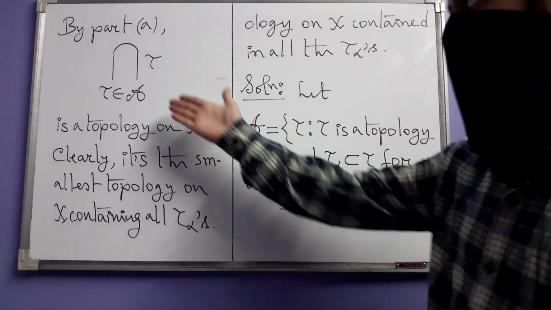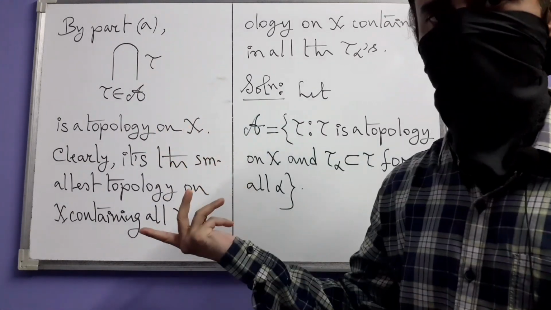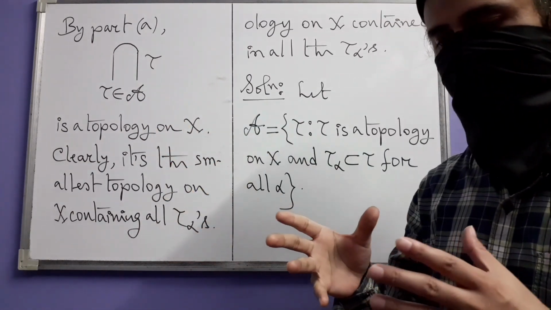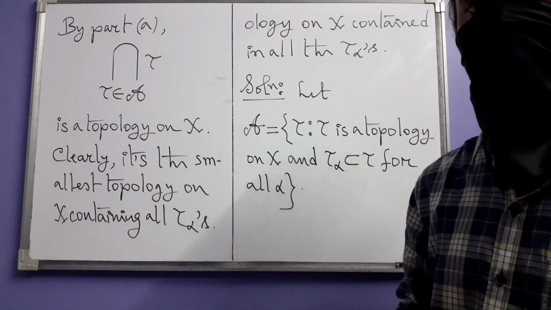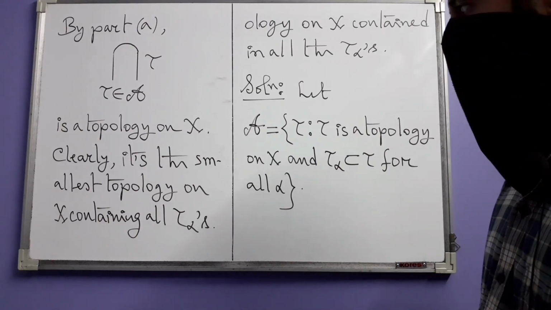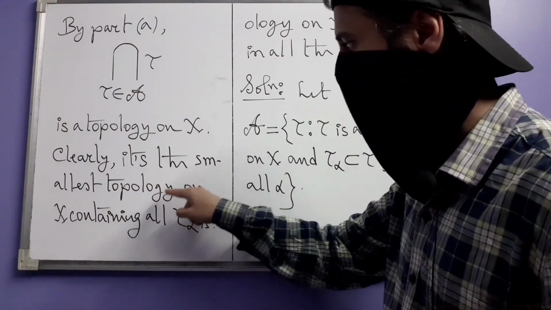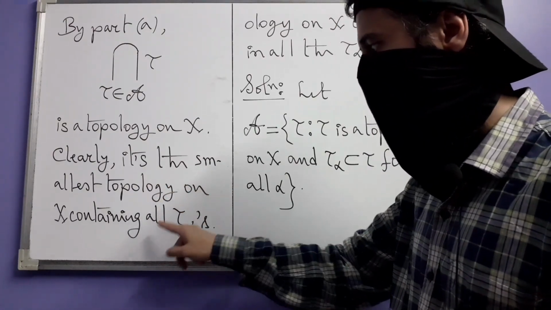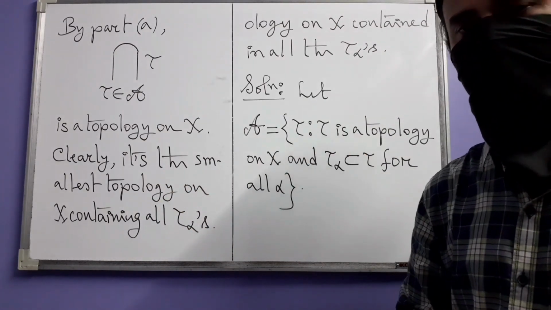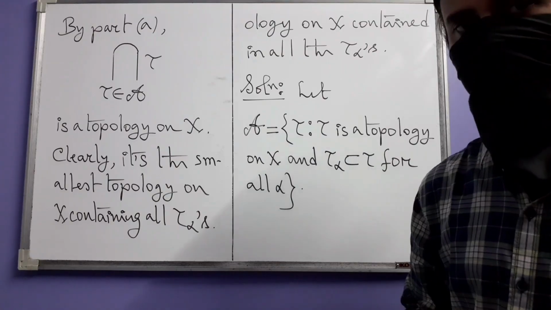And by part A, this intersection is a topology because it's the intersection of some topologies on X. And also, it is clear that it should be the smallest topology on X containing all the tau alphas. Why though?